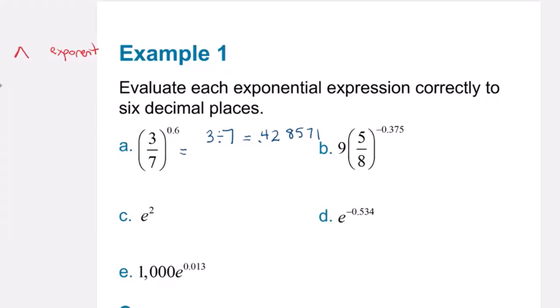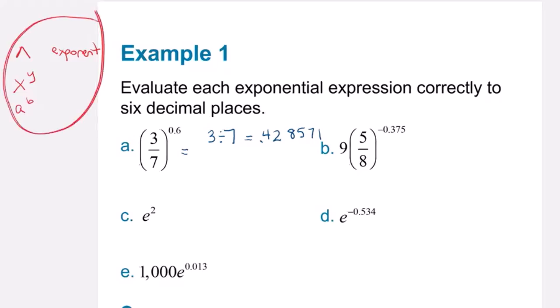Some will have something like x to the y, that also means exponent. A to the b. Not every calculator looks the same, but it's going to have one of those things. Once we get the 3 divided by 7, you would use whatever your particular calculator uses for exponents, and you would take that to the 0.6 power, and the answer you would get would be 0.601470.